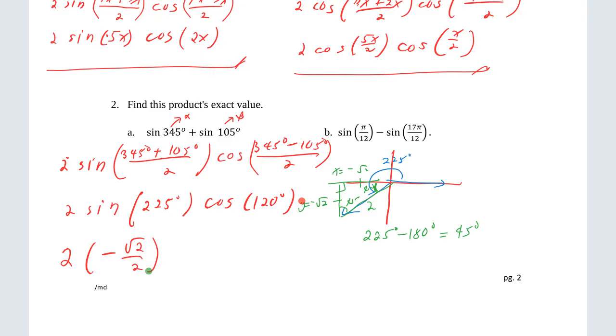Now we move on with cosine 120 degrees. Let me just draw that. For cosine 120 degrees, again, we have the initial side here, and we see that 120 degrees would be in quadrant 2. Since this is in quadrant 2, we're looking for the reference angle between the terminal side and the nearest x-axis.